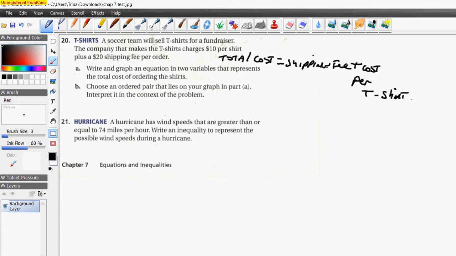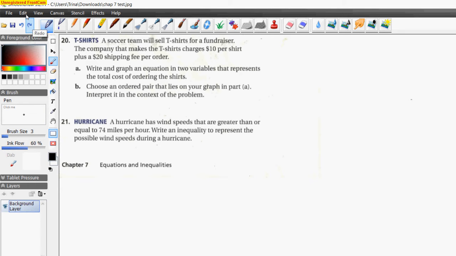Plus the cost per t-shirt. So we have the total cost. I'm writing this out for you so you can get a feel for it. The total cost equals shipping fee plus cost per t-shirt. Excellent. Let me get that off for you right quick. I'm going to use some of this space, so let me erase this real quick. That's the written part of it.